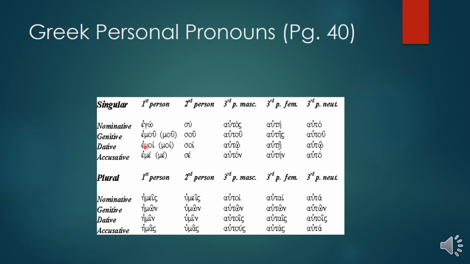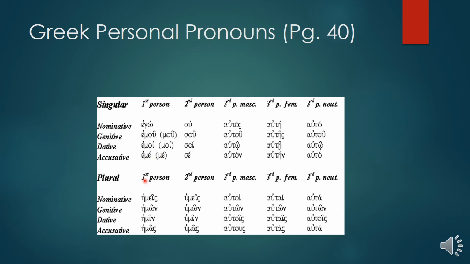See the iota? That means it's dative, locative, instrumental. Emoi, to me. So ego is I, emou is of me, emoi is in me or to me. The accusative is the direct object and just me. Ego is I, direct object is me, eme, or me.